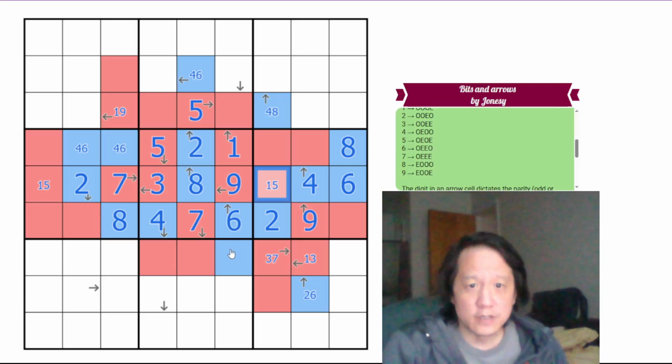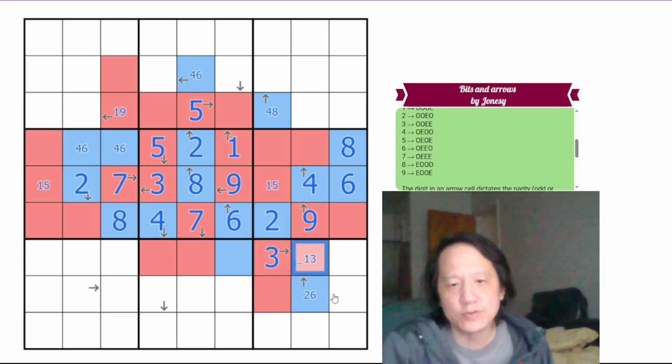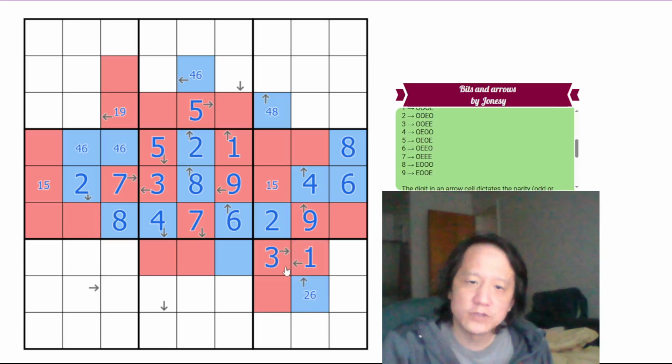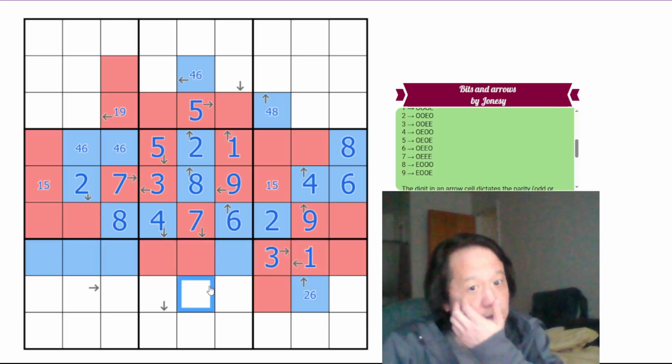Let's see. This is odd, odd, even, even. So that's 3, which means this can't be 3. That's 1. So that would be odd, odd, odd, even. We have 5 odds in row 7. That eliminates odds in the rest of the rows, so these are all even.